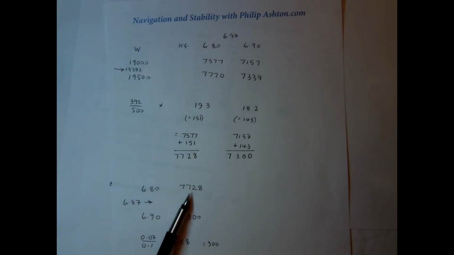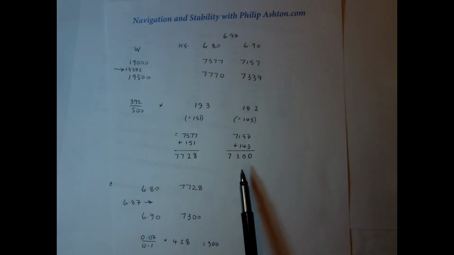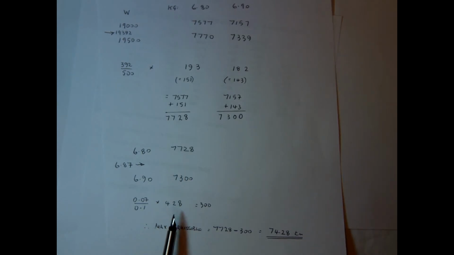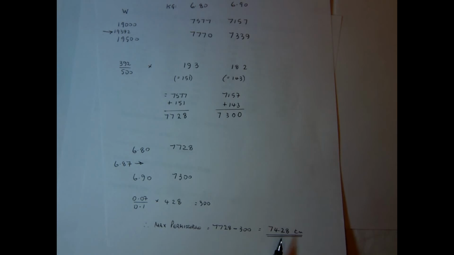Now I carry those two forward. So at 6.8 I've got 7728, at 6.9 7300, my KG is 6.87, so again I'm going that way to 6.9. 6.8 to 6.87 is 0.07, 6.8 to 6.9 is 0.1, the difference between these two is 428, so I get 300, so I go down from 7728, so my maximum permissible is 7428.